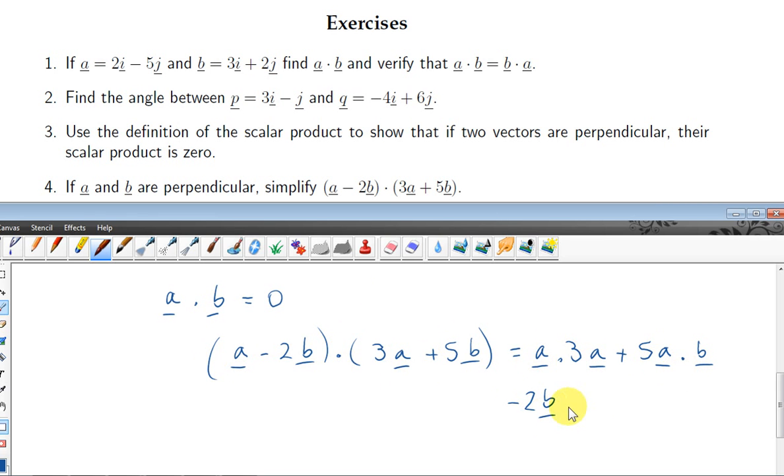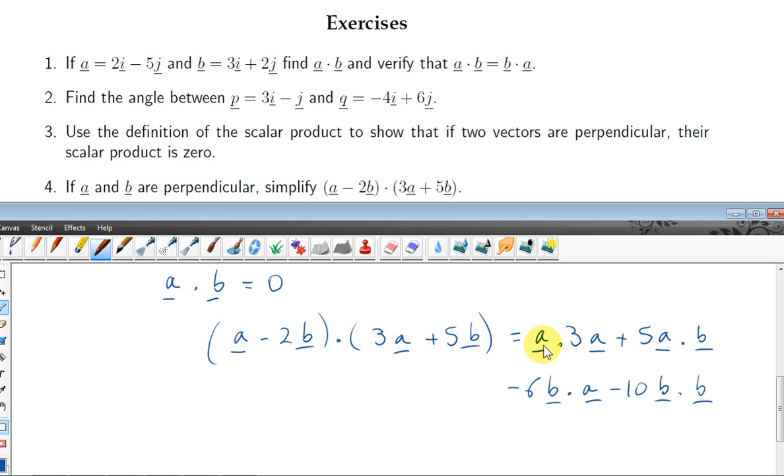Then we have minus 2b dot 3a. Well, that's going to give us minus 6b dot a actually. Then we have minus 2b dot plus 5b. That's going to give us minus 10b dot b. So we can always put the scalars together as we've seen before.